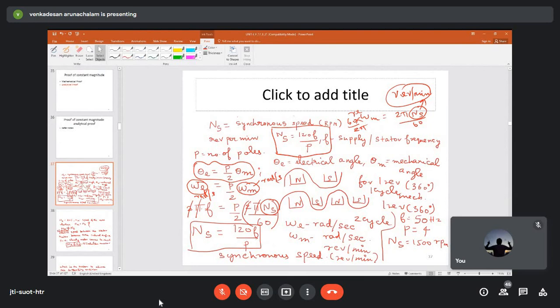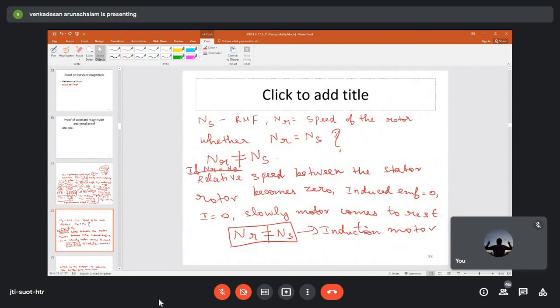Right? So always remember, in an induction motor, the rotor speed is not equal to the synchronous speed. Due to the inertia, the rotor speed will always be slightly lesser than your stator speed.